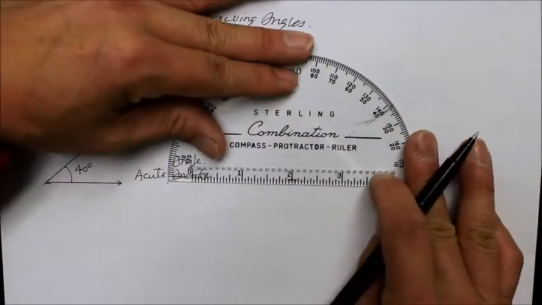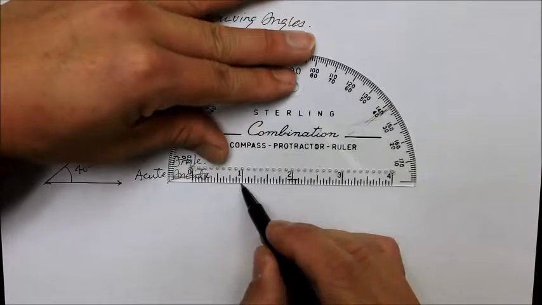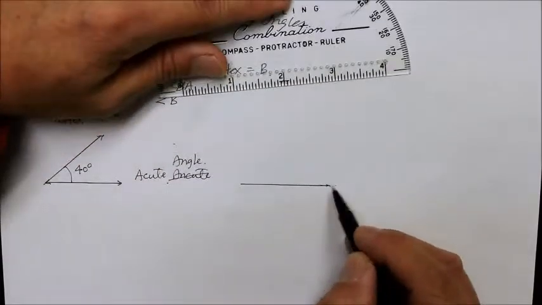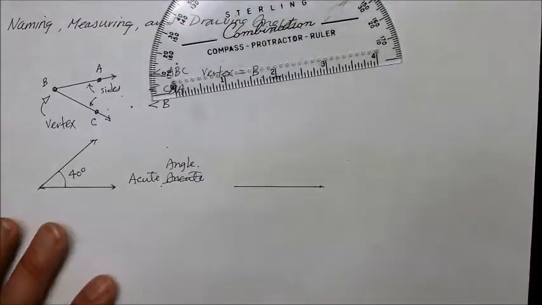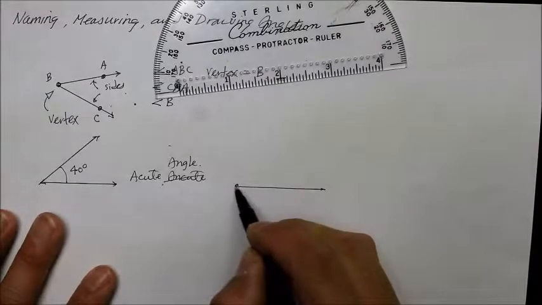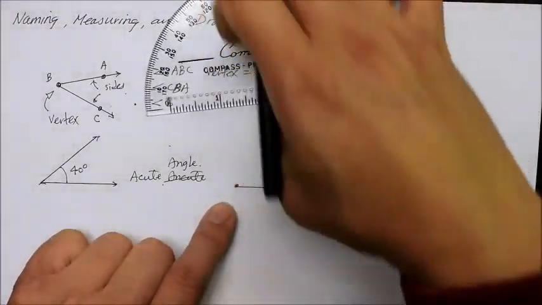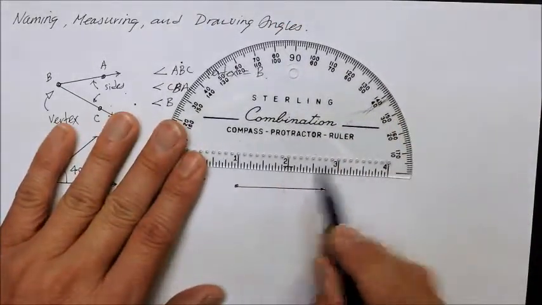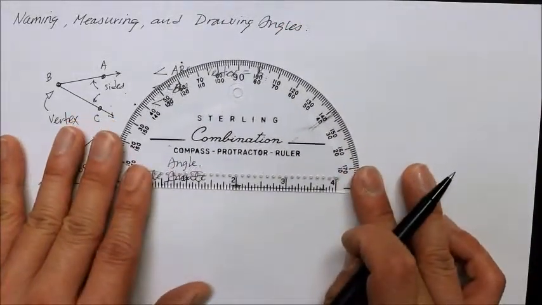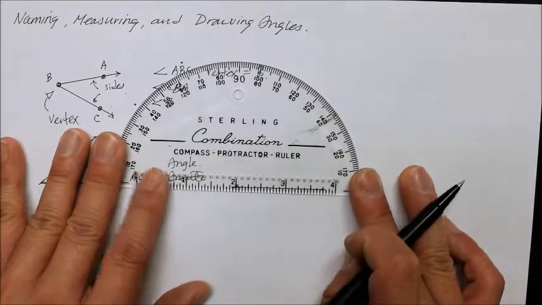So let's draw another line to illustrate the other condition of an angle. This time, there's the base, and here's my pivot point, or that's going to be my vertex. Line up the vertex of my protractor to the pivot point. And let's make this something bigger than 90 degrees.